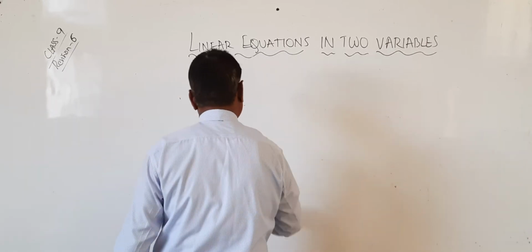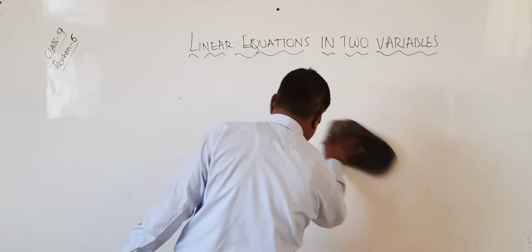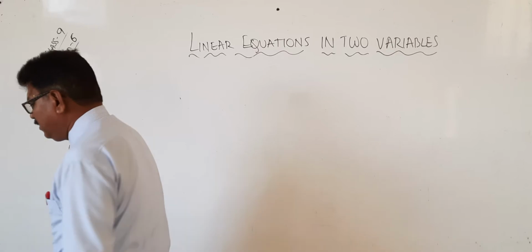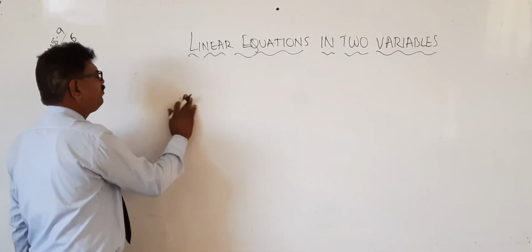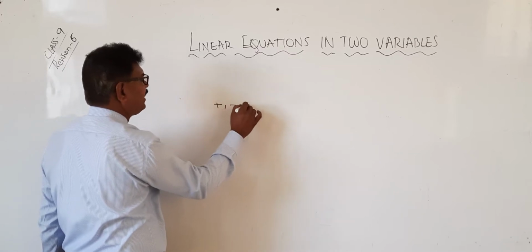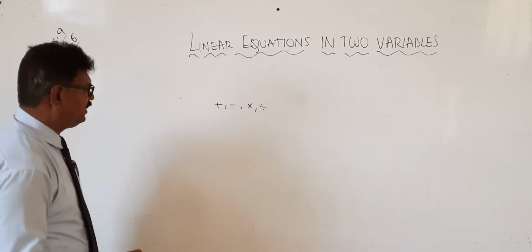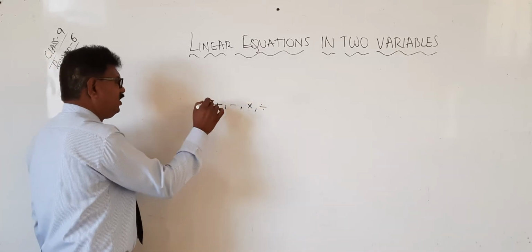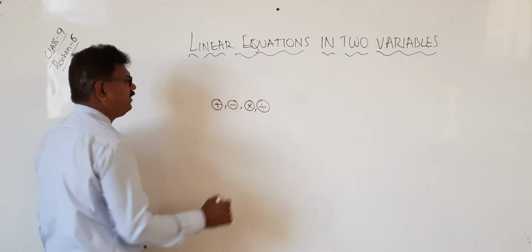But with these two alone, we can't do anything. We can do something by mixing constants as well as variables with the fundamental operations: addition, subtraction, multiplication and division. Without these four fundamental operations, there is no mathematics at all.